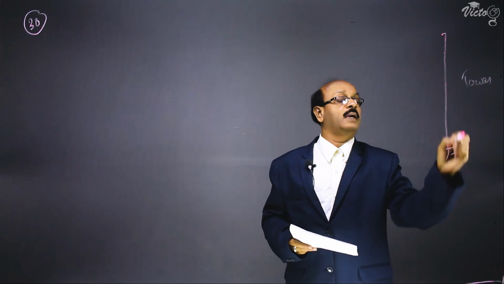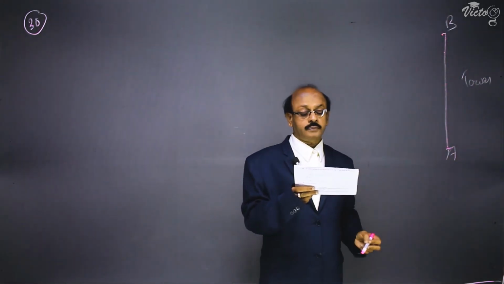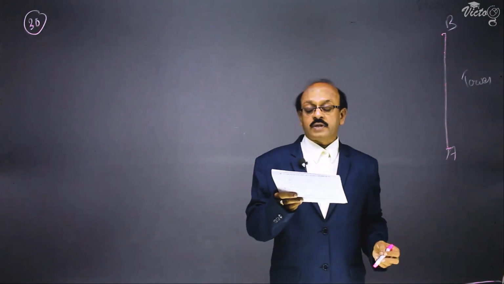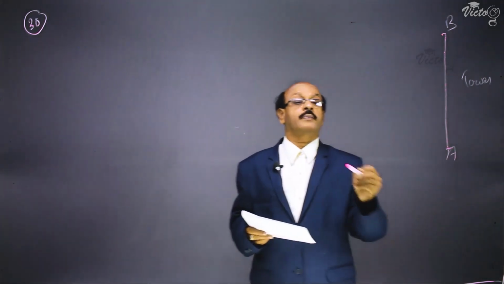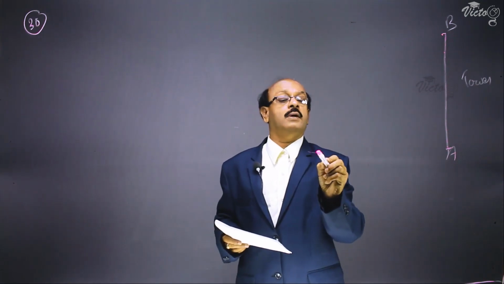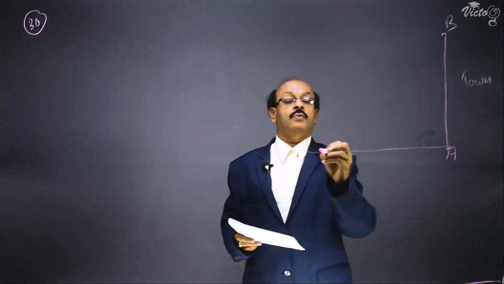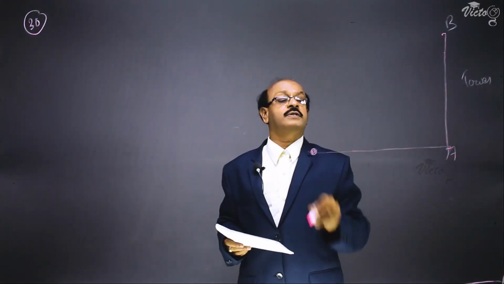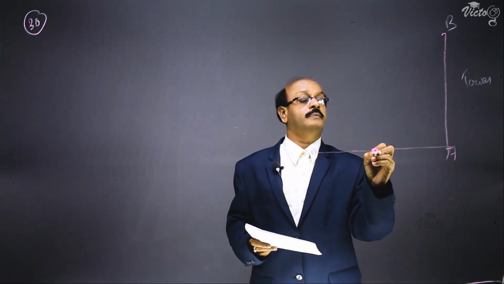Name it as AB. AB is a tower. The car is moving towards the tower. So let this be the horizontal. From this point, a car is moving towards the tower.